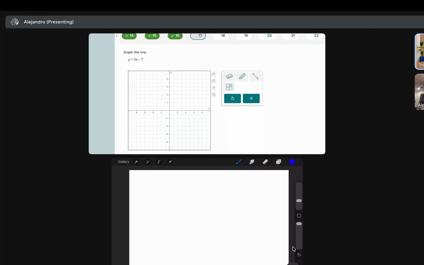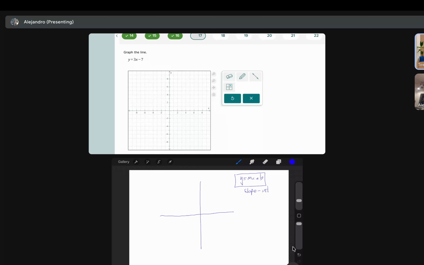Do you remember how to do this? There are different ways to do it. Now, the easiest way, if they give you a form that looks like this, is slope-intercept form. You recognize it to be exactly this. Make sure the x term goes first, and then minus or plus the constant, the number.